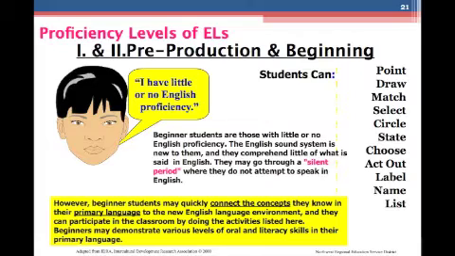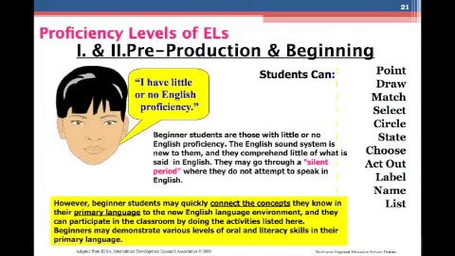What I want people to know is that at this stage, when children are doing a lot of listening and we're giving a lot of comprehensible input, meaning we're showing and telling, students can always be active in the instruction by doing any of these activities here.